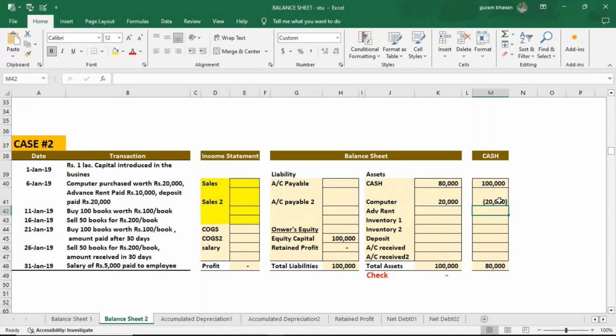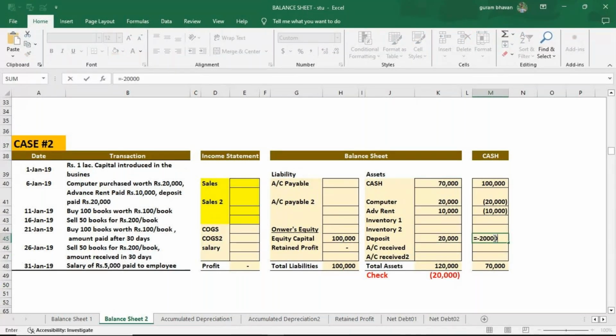Then advance rent rupees 10,000. I need to take this advance rent 10,000, and I am also paying it by cash. Then deposit rupees 20,000, so deposit equals 20,000, and that also I am paying in cash.